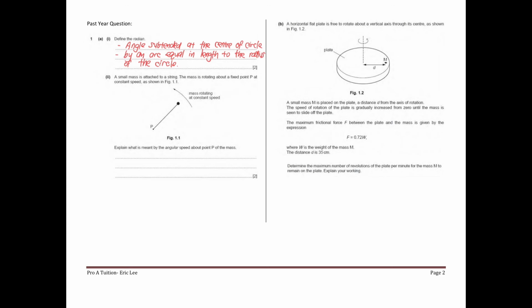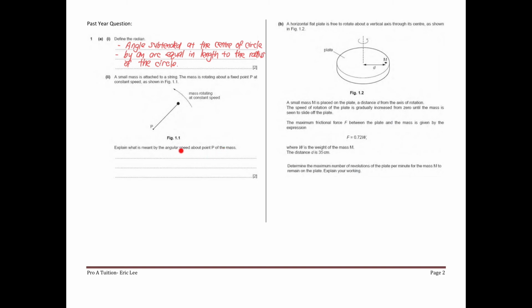Now let's look at part 2. A small mass is attached to a string. The mass is rotating about a fixed point P, which is basically the center of the circle, at constant speed as shown in figure 1.1. So you can see constant speed for the particle. Explain what is meant by the angular speed about point P of the mass.